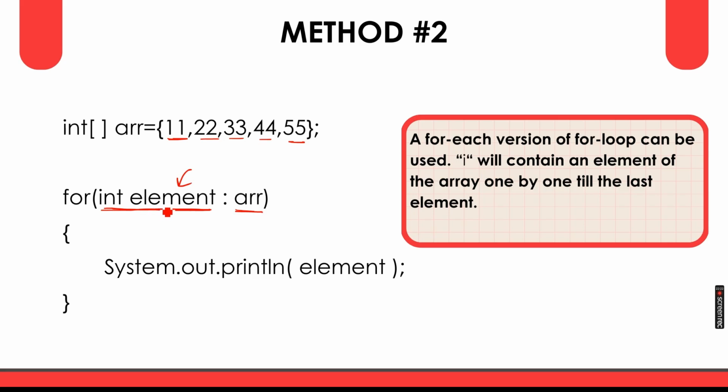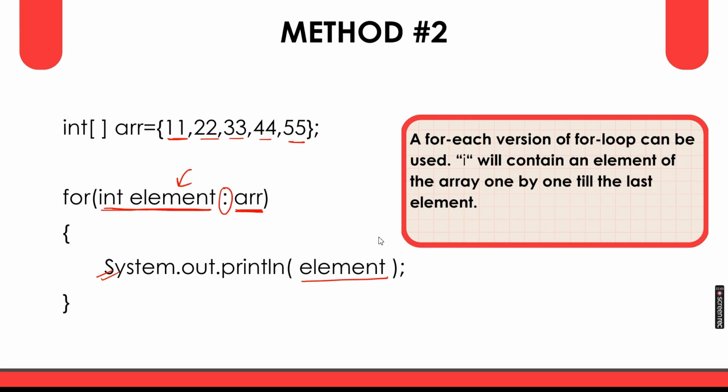So you give a variable here, we call it the iterator. You put a colon here and then give the name of your array. Using the print statement, just write that variable's name here, and everything will be stored like this.